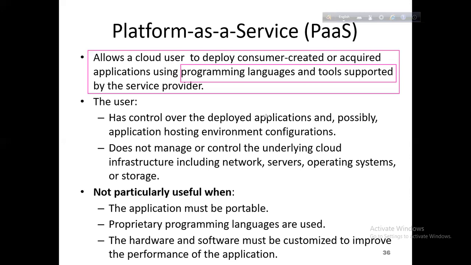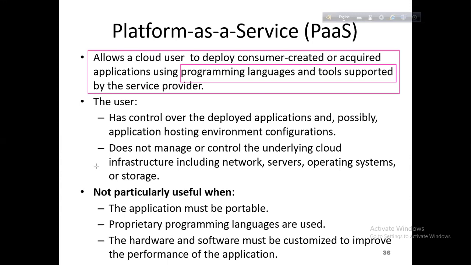If you want to build Android apps later on, you need to do the same thing. You need to check whether the tools or APIs that you are going to use are available there or not. So platform as a service allows a cloud user to deploy consumer-created or acquired applications using programming languages and tools supported by the service provider.